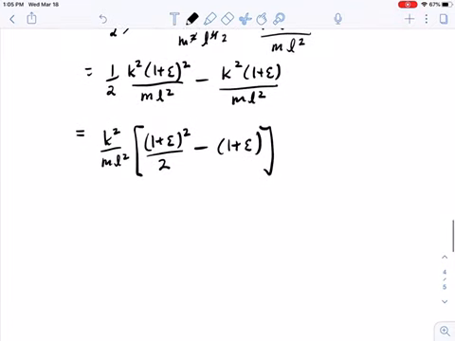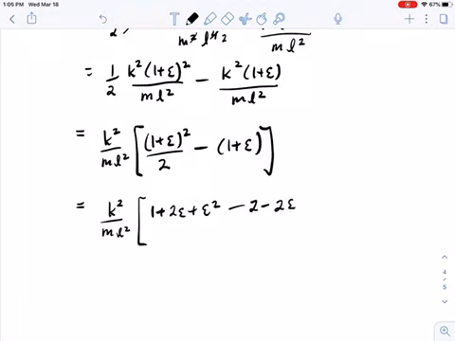Okay, so let's expand that square and see if we can simplify at all. So we get a 1 plus 2 epsilon plus epsilon squared when we expand the square. And then I'm going to put everything over a common denominator. So we get a minus 1 minus epsilon, but I'm going to write it as minus 2 epsilon. And then I'll just divide everything by 2.